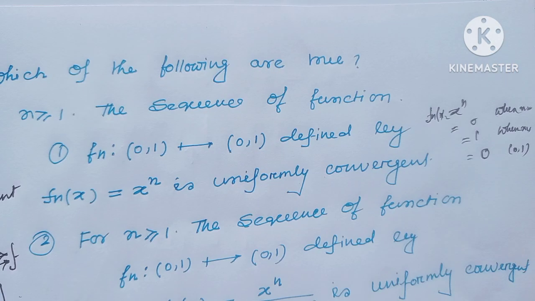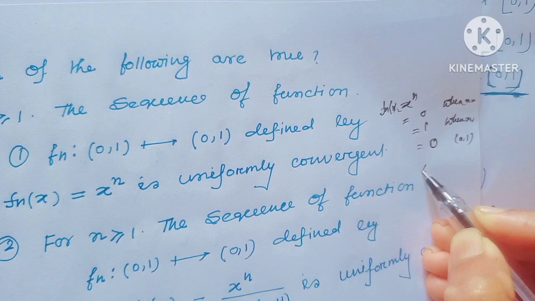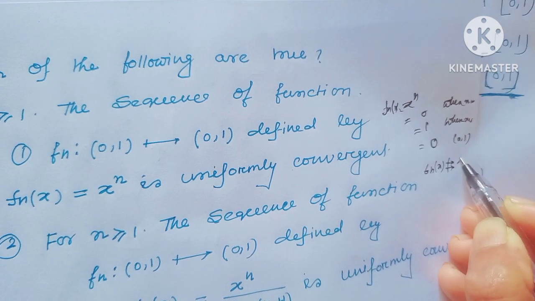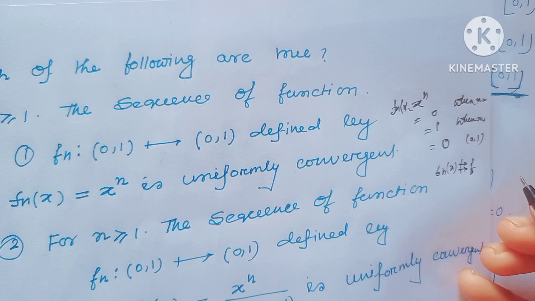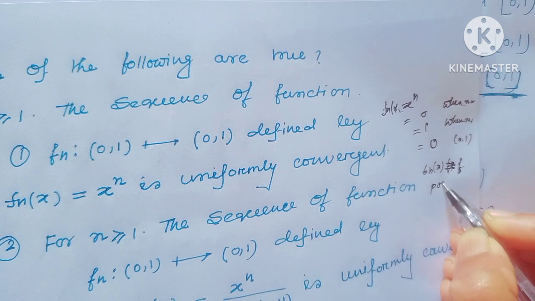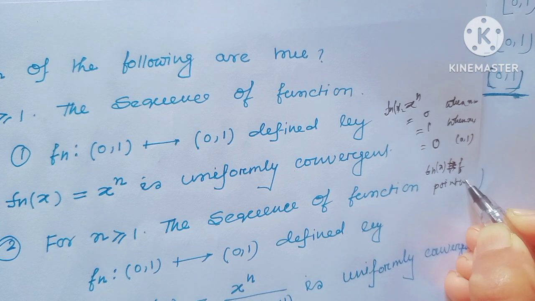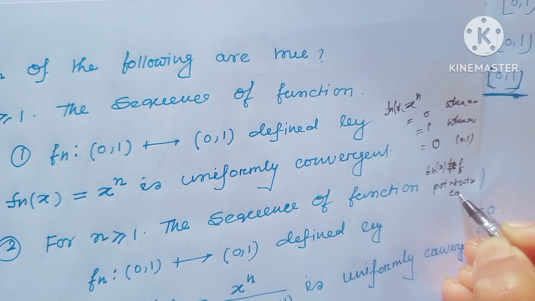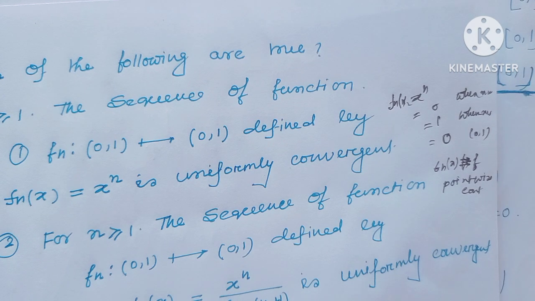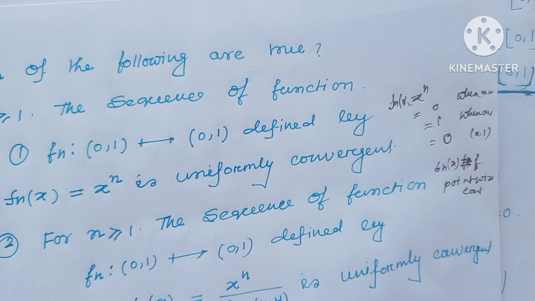Therefore fn(x) does not converge to f pointwise as a continuous function. So fn(x) is not uniformly convergent.